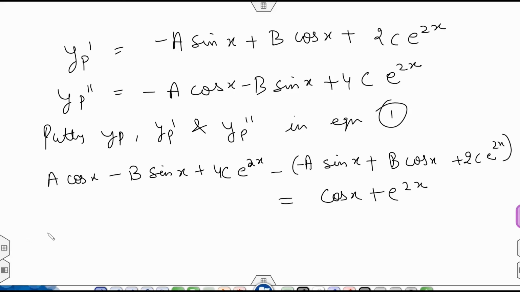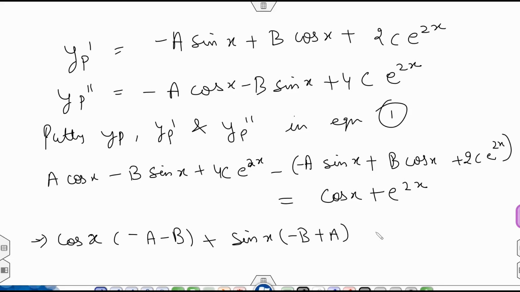Now you can see that cos x times (minus a minus b) plus sin x times (minus b plus a) will be equal to cos x. You can check the calculations, and here there is one more addition, e to the power 2x times (4c minus 2c).